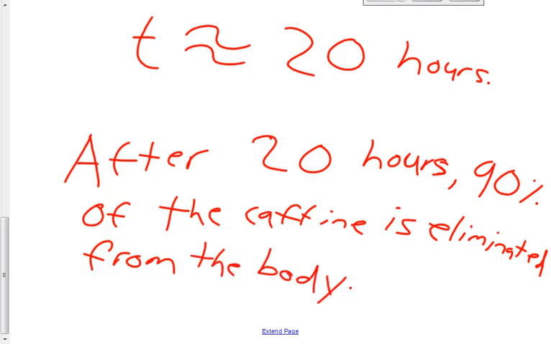A cup of coffee stays in your system for a long time. This is kind of some food for thought, maybe some drink for thought for a lot of you in here who maybe consume caffeine in the morning.